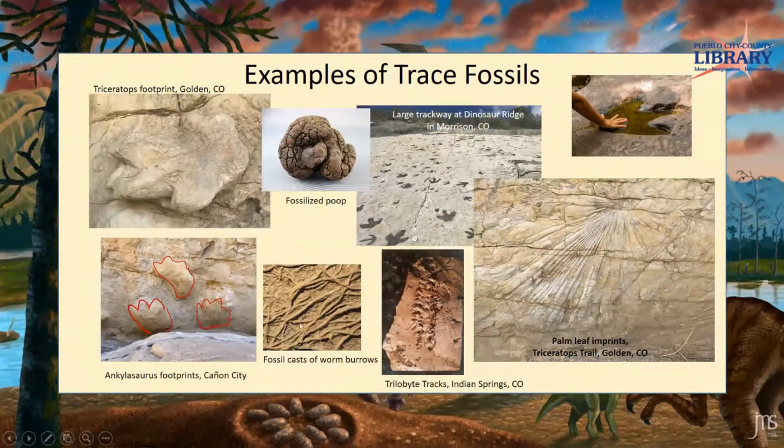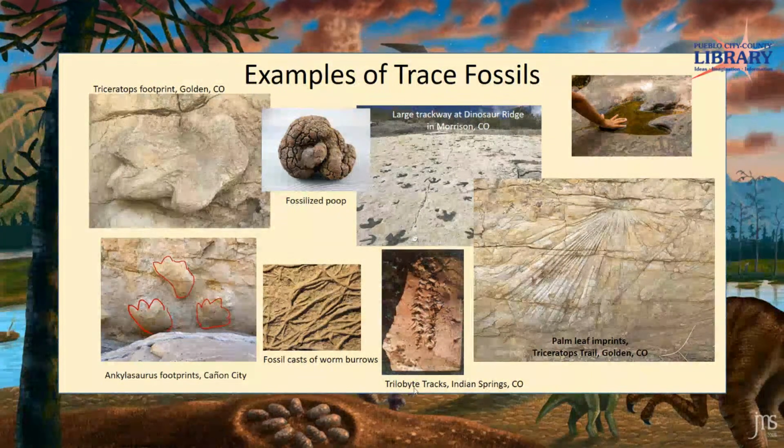This is what it looks like when you have fossils of little burrows made by worms or insects or tiny shellfish. And right here, we see trilobite tracks. They have several legs, and when they crawl through the mud, they leave these interesting tracks that kind of remind me of the little sand crab tracks at the beach.